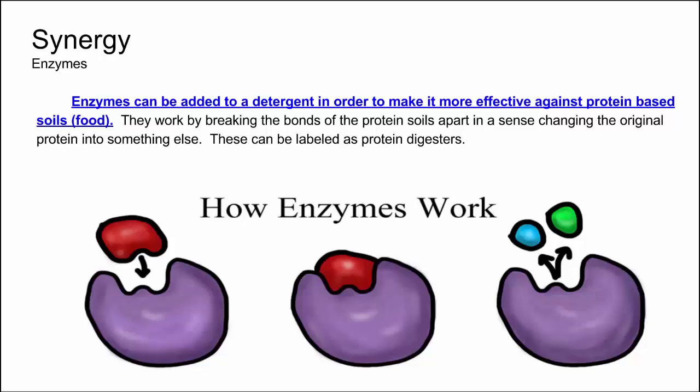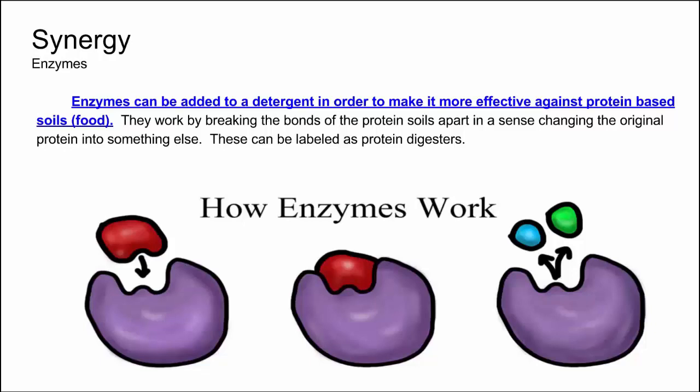So if there's something, for instance, that's dried onto the carpet that is a protein or a food-based stain, as you spray an enzyme on it, that enzyme is going to instantly go to work breaking the bonds of those proteins apart. They're literally going to turn them into something else, or smaller pieces of what they used to be. This makes them easier to rinse out.